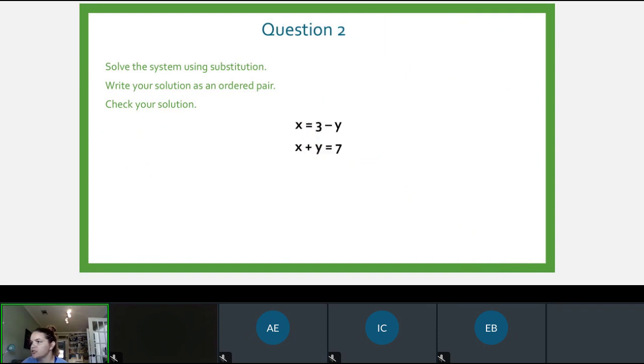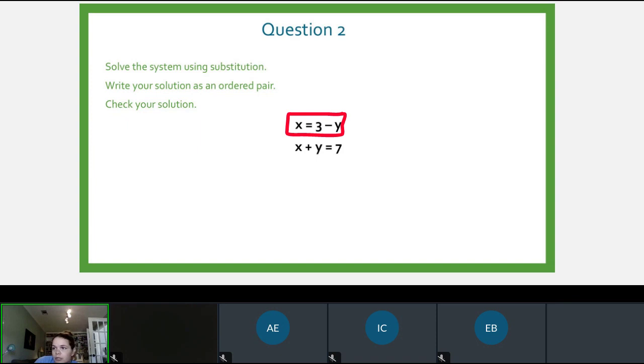All right, let's try another one. We've got x equals 3 minus y and x plus y equals 7. Well, lucky for us, this one is already by itself. So I don't have to solve any of these for x or y to get started.